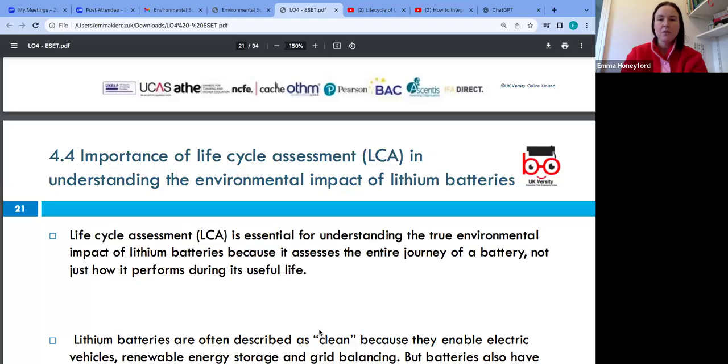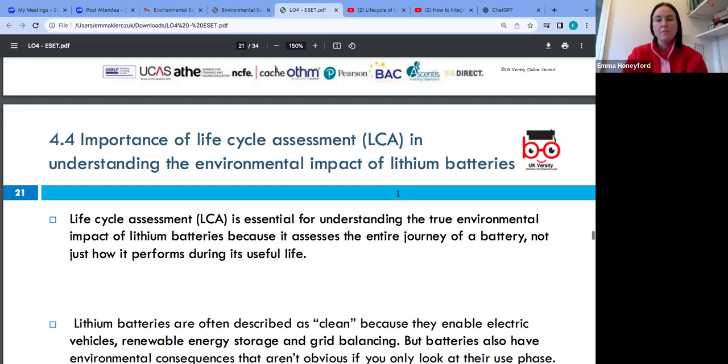Okay, so now we're going to move on. We've run out of time a little bit, so we're going to talk a little bit about the importance of life cycle assessment, also known as LCA, in understanding the environmental impact of lithium batteries.